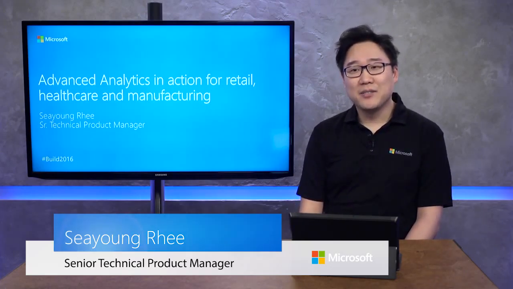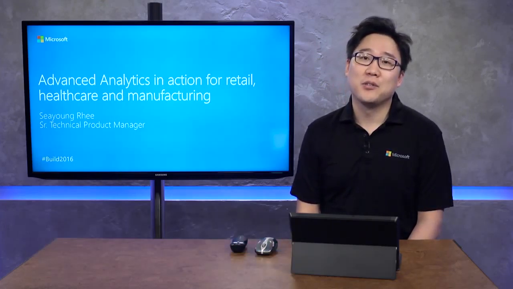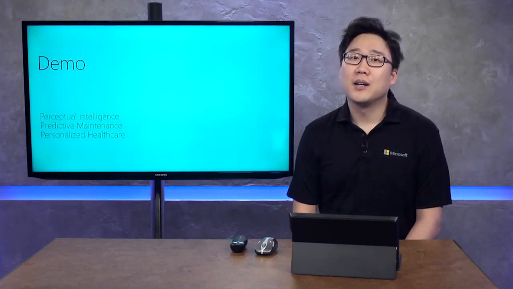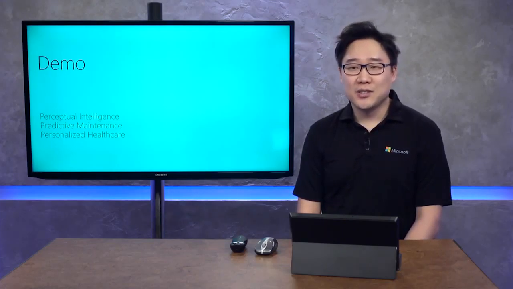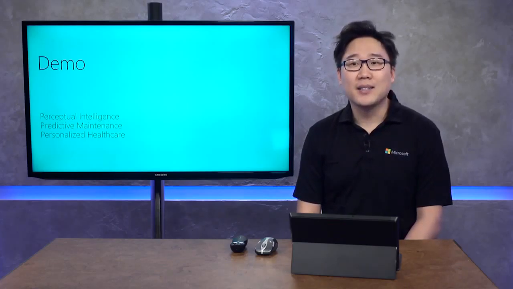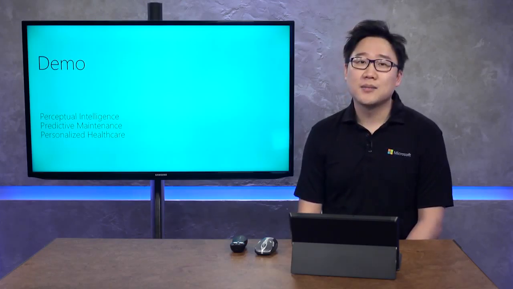Today I'm here to give you an introduction and demonstration of advanced analytics in action for retail, healthcare, and manufacturing. The three demos I will be showing you, the first will be on perceptual intelligence. Perceptual intelligence is a new area where things like speech, text, facial, and object recognition technologies are combined to predict and find insights in various types of data.